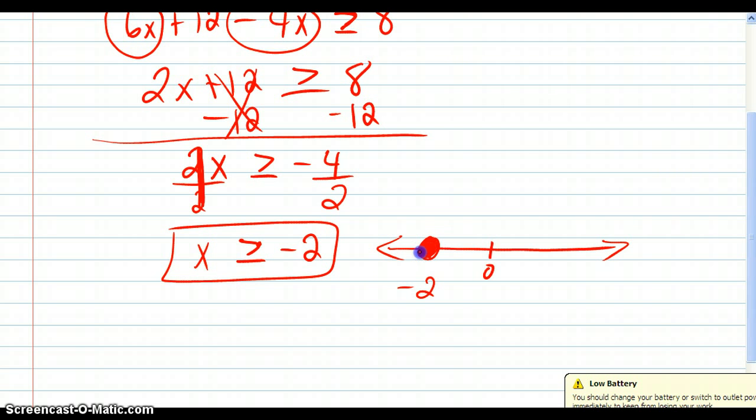This one's not going to be colored in. It's pointing to the right, so everything to the right is darker.